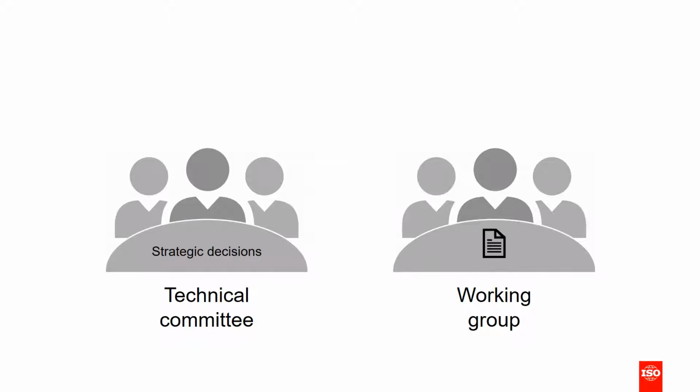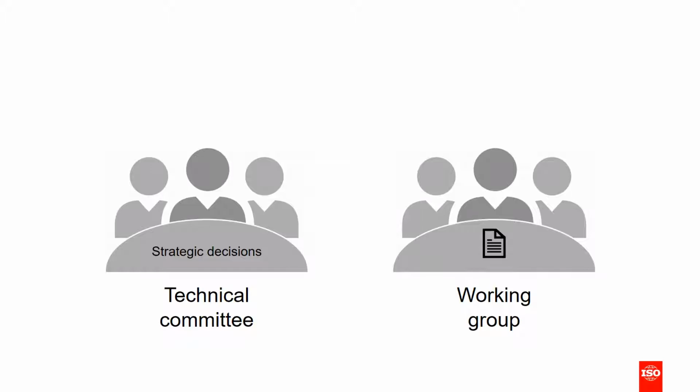So let's dive a little bit deeper on what's the difference between a committee member and a working group expert. So here you have your technical committee and you have your working group. Again, strategic decisions at the technical committee level and technical documents being worked on inside each working group.